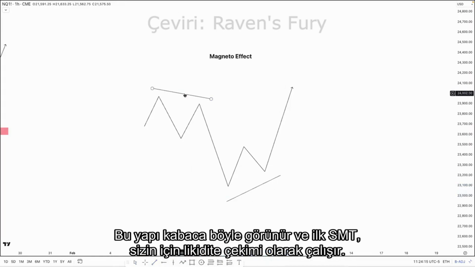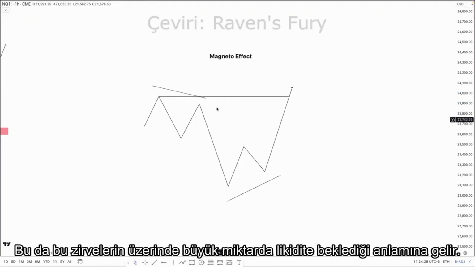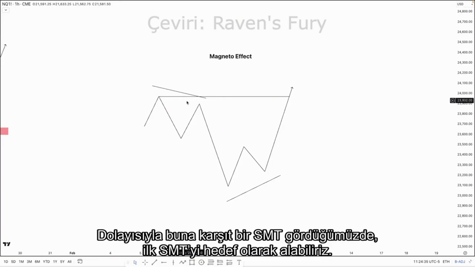And then this first SMT will act as your drawn liquidity, because we understand that unsymmetrical highs or lows hold a lot of liquidity. So this means there is a lot of liquidity resting above these highs. So when we see an SMT opposing it, we can look to target the first SMT.